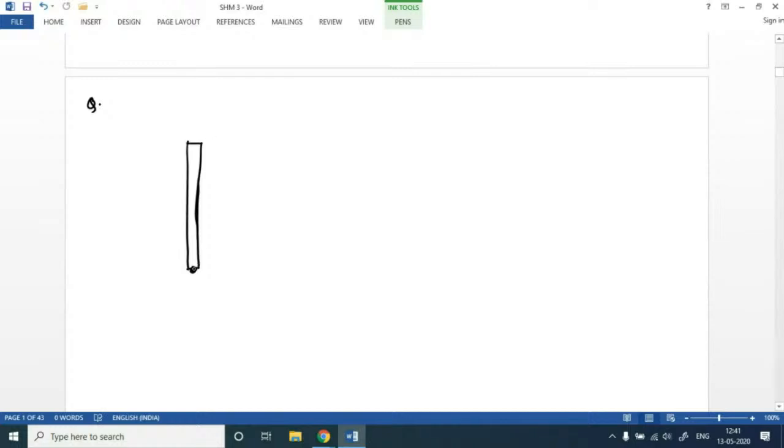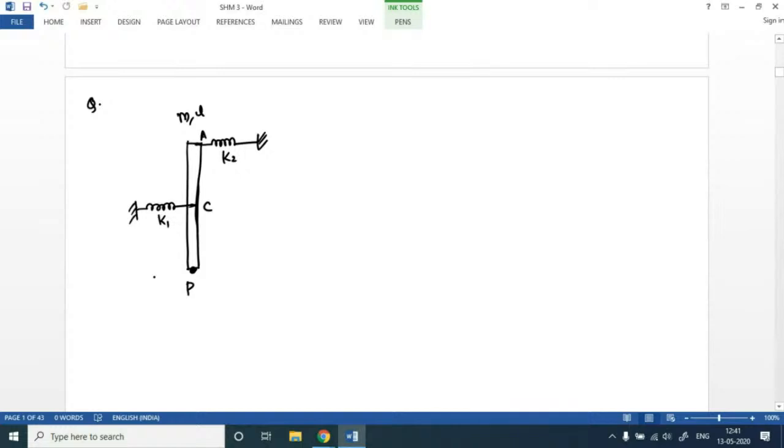It is hinged at this point P, and its mass, let's say, is m and length l, and it is connected with some springs here and there. Let's say one spring of spring constant k2 is here, and another spring of spring constant k1 is here. Let's say this is the midpoint, and this is the extreme, let's say a. So this is the situation.